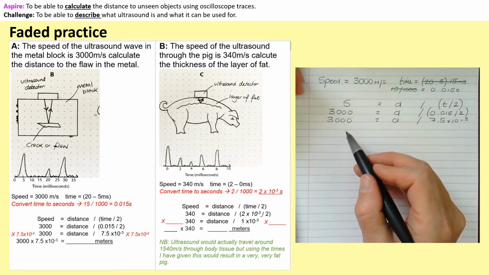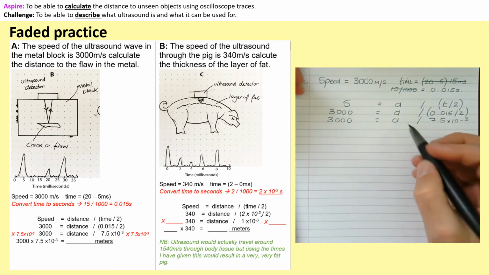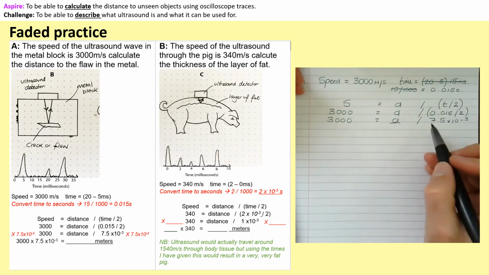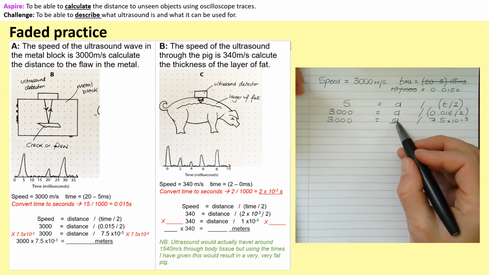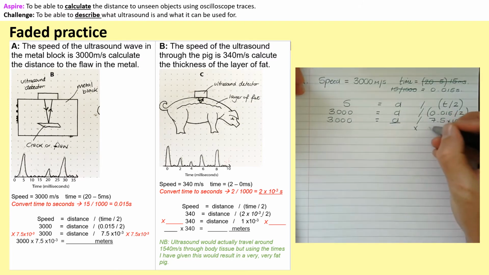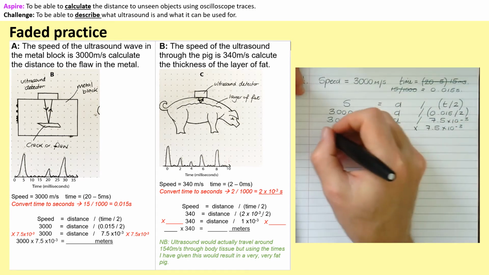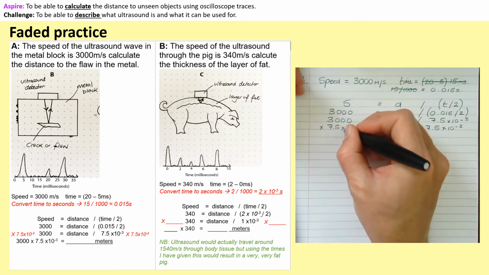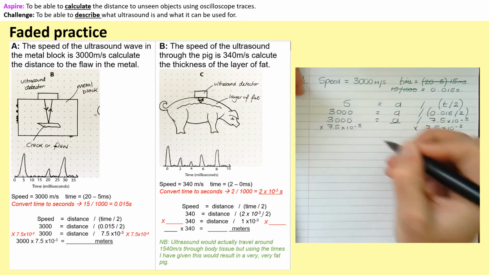Okay, now at this stage, we need to make D the subject. The distance needs to become the subject. So distance is going to be divided by this. So we're going to do the inverse operation to leave this on its own. So we're going to multiply by 7.5 times 10 to the minus 3. And if we do that to that side, we've got to do it to the other side. So multiplied by 7.5 times 10 to the minus 3.